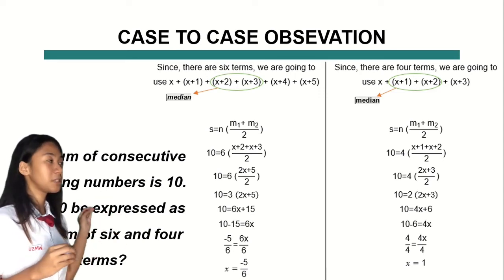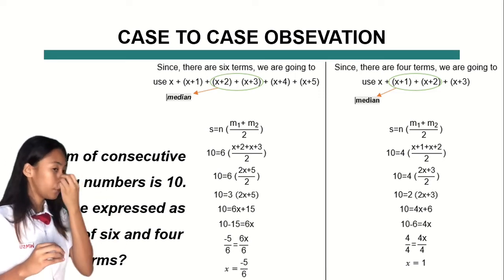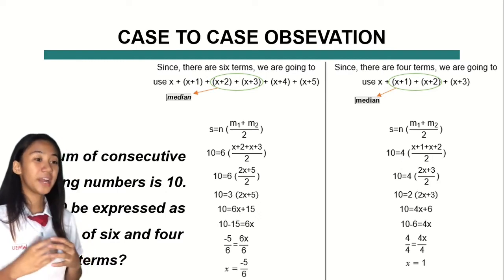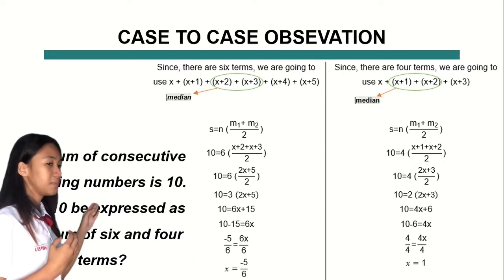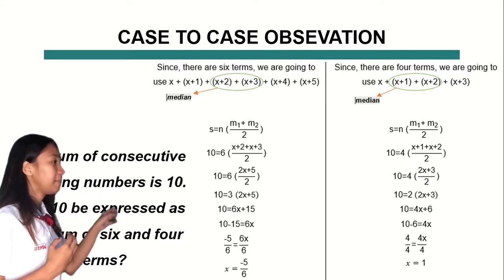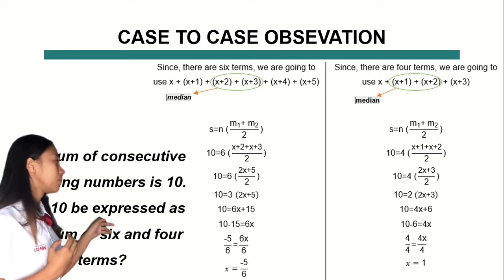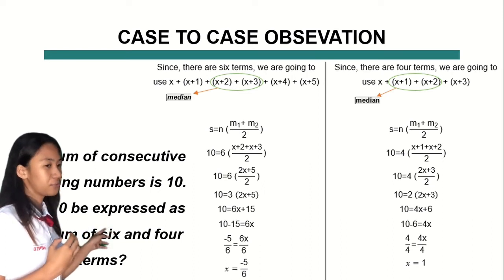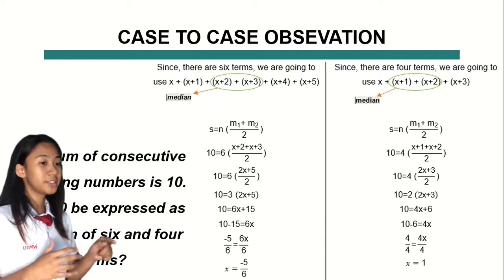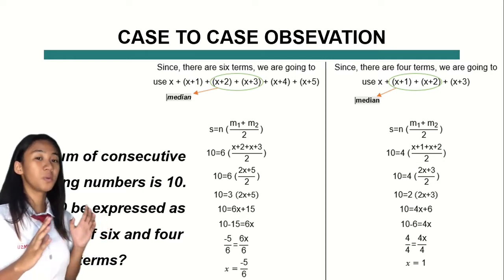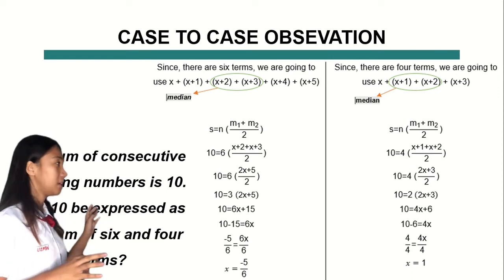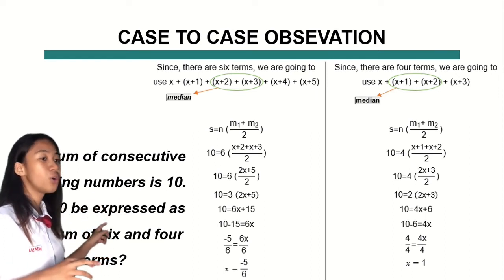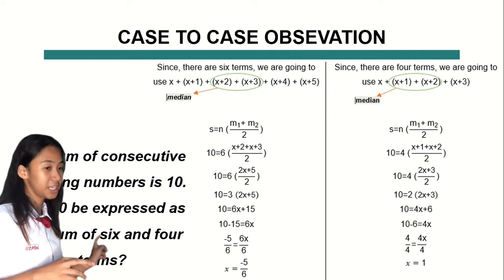We find the additive inverse of 15, so 10 minus 15 is equal to 6x. Since 10 minus 15 is equal to negative 5, which equals 6x, we divide both sides by 6 so that x will remain. So we have x equal to negative 5 over 6.